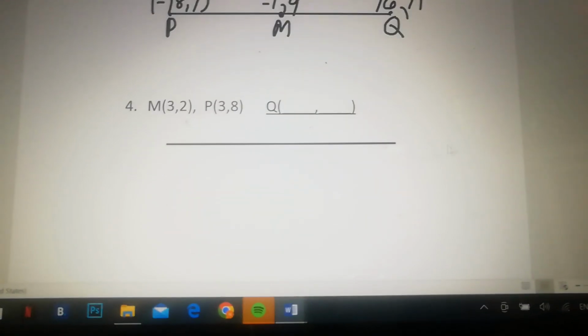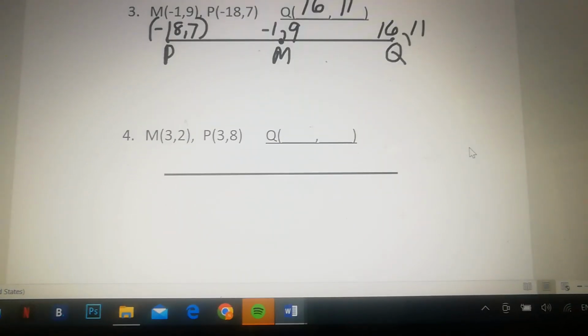Okay, next is number 4. M is the midpoint of PQ. So this is P, the unknown is Q. The coordinate of P is 3 and then 8. The coordinate of M is 3, 2.